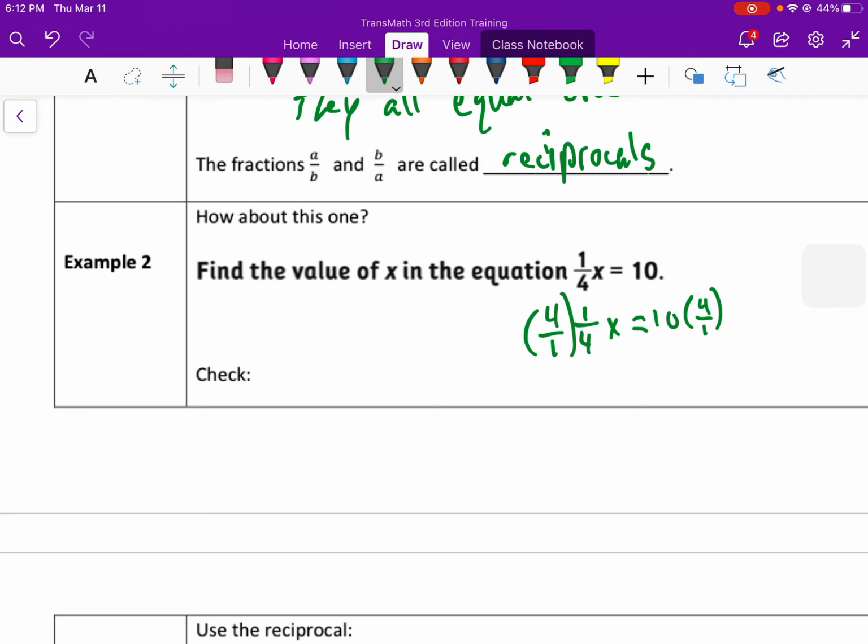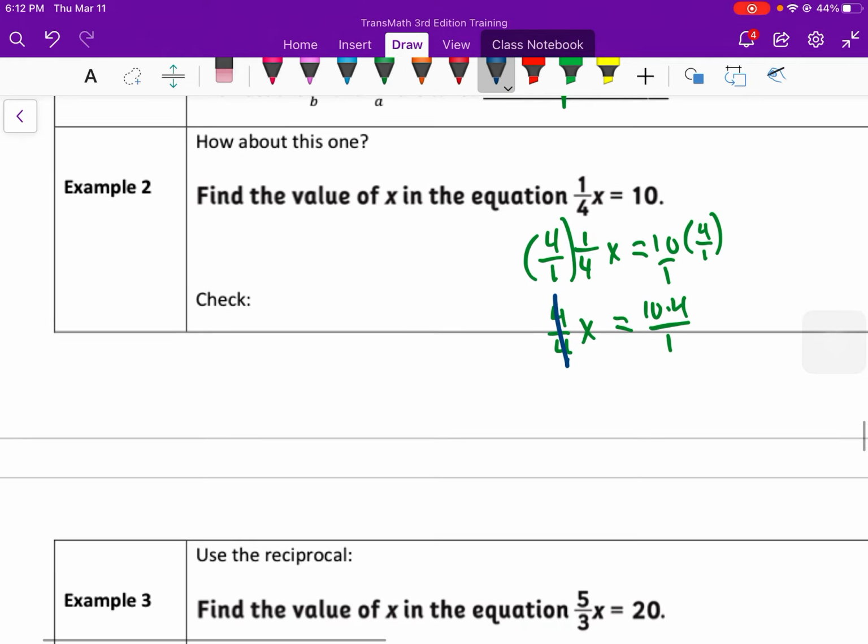On the left side, 4 over 1 times 1 over 4 will become 4 over 4 x equals 10 times 4 over 1. So on the left side, that will simplify to 1x, or x, and on the right, it will simplify to 40.